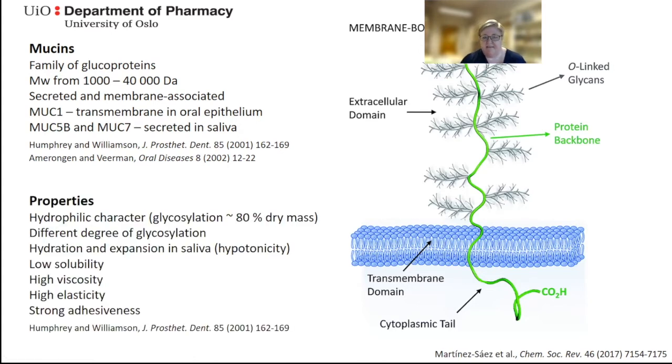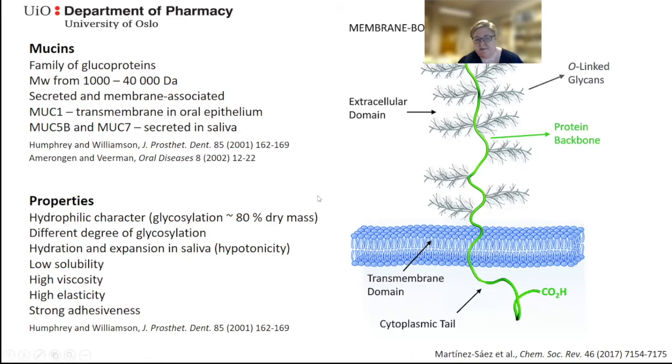So they have a protein backbone, and they are glycosylated, and the glycosylation is quite high, up to 80% of the dry mass of the mucin is coming from the glycosylation, and glycosylation is also contributing the hydrophilic character.